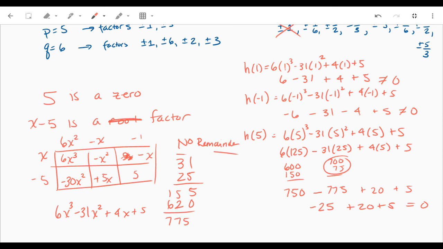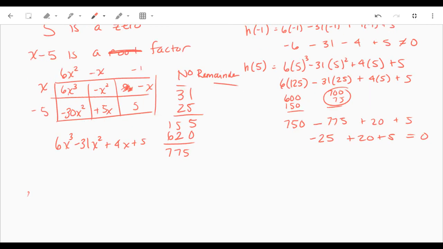Okay, so now what I've done is I figured out that 6x cubed minus 31x squared plus 4x plus 5 can be written as x minus 5 times 6x squared minus x minus 1. Now I've gotten that down to a quadratic so I can factor it. So now I can do x minus 5 times, what is this going to be?